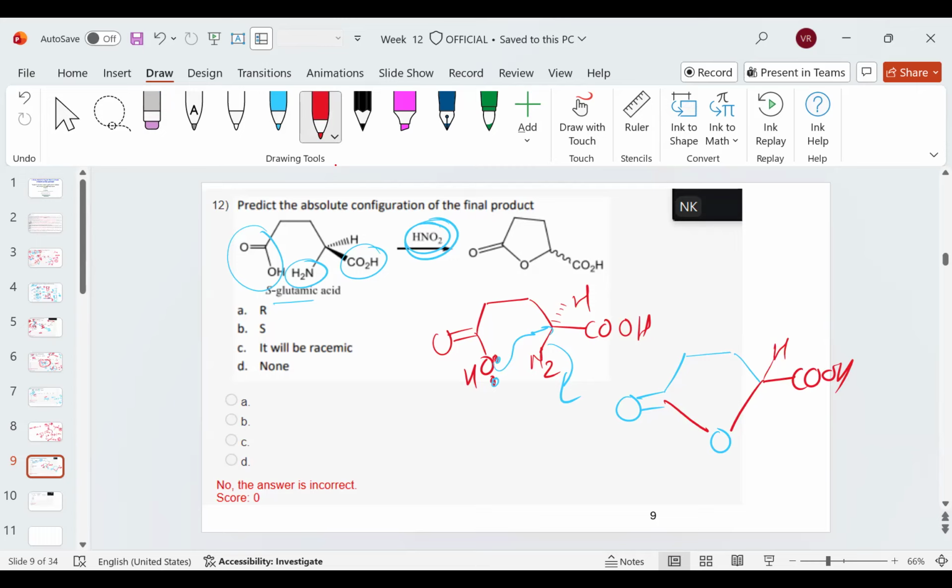The options given are: predict the absolute configuration of the final product. Whether it is R, whether it is S, or whether it will be racemic. Anyone?